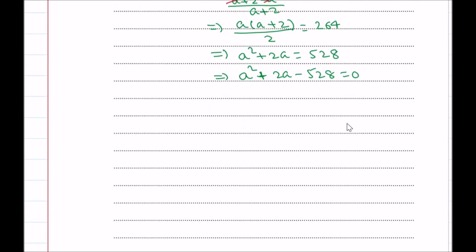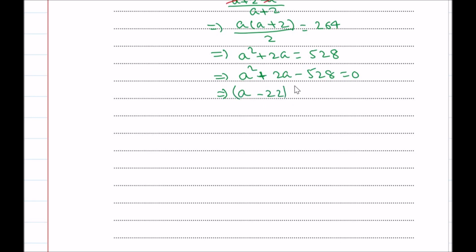Now if you are factorizing this, factors of 528 will be 24 and minus 22. So we can write A minus 22.